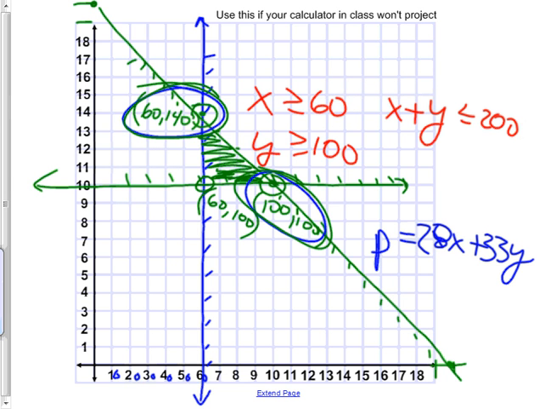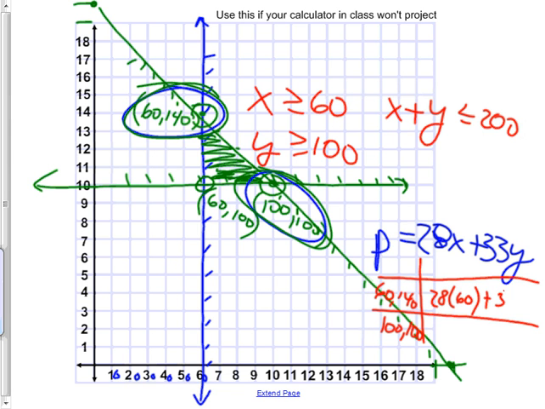All right, then I now need to put these numbers in there and see which one gives me the best result. I would appreciate when I'm grading these if you keep them organized. So a good way to keep it organized is like a little table. And I'm going to compare 60, comma 140, and 100, comma 100. This will be 28 times 60 plus 33 times 140.